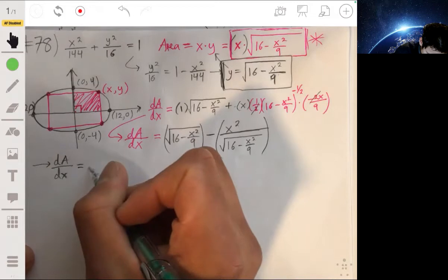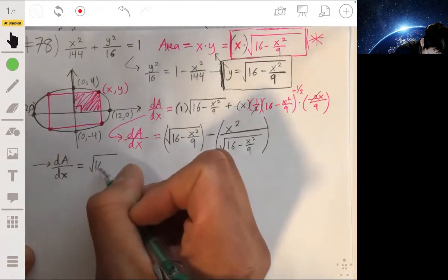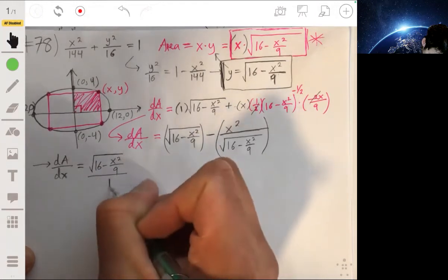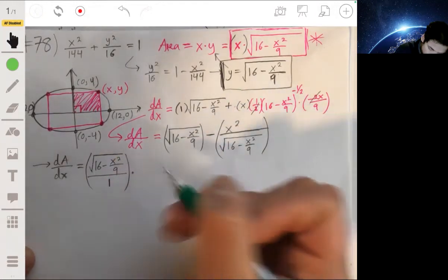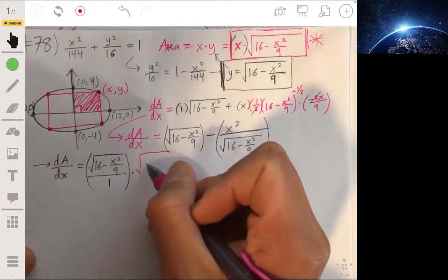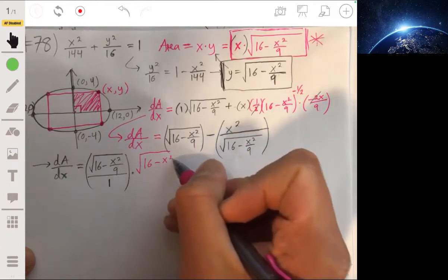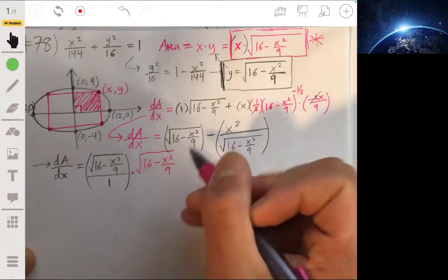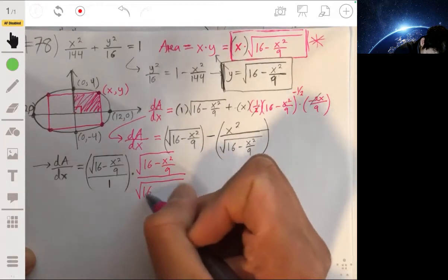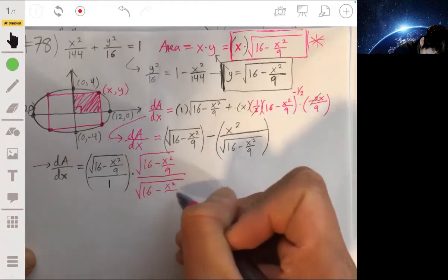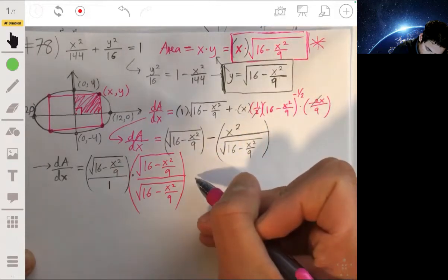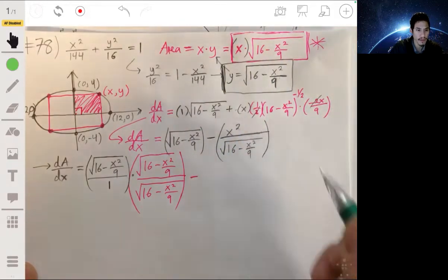So this first part we're going to have 16 minus x squared over 9. Remember, that's just a fraction. It could be all over 1. Now multiply that by the square root of 16 minus x squared over 9, over the square root of 16 minus x squared over 9, times that whole thing, minus this again.